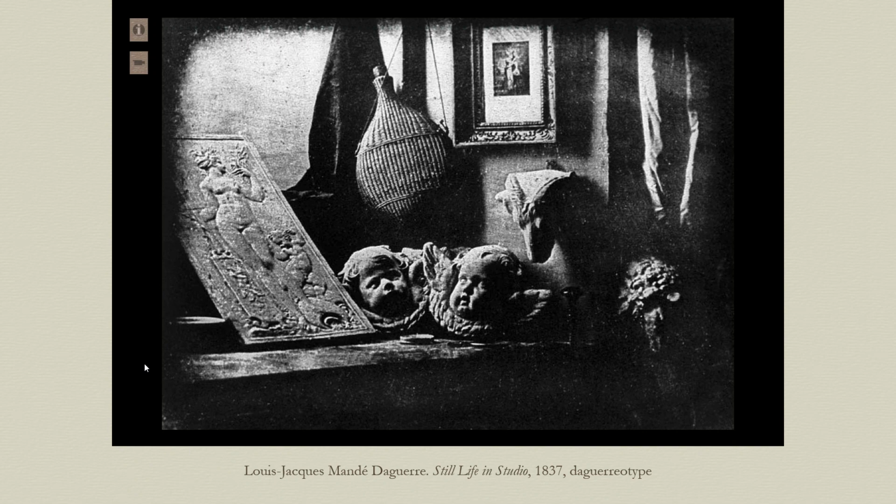Then you have to develop the image with mercury. And then you have to use hypo to fix the image, which means so that it doesn't continue to get darker and darker. Hypo? H-Y-P-O.